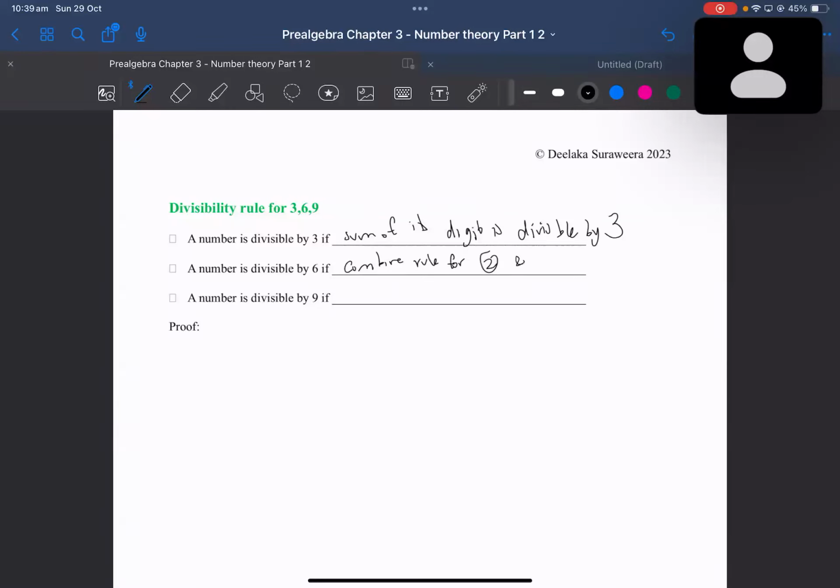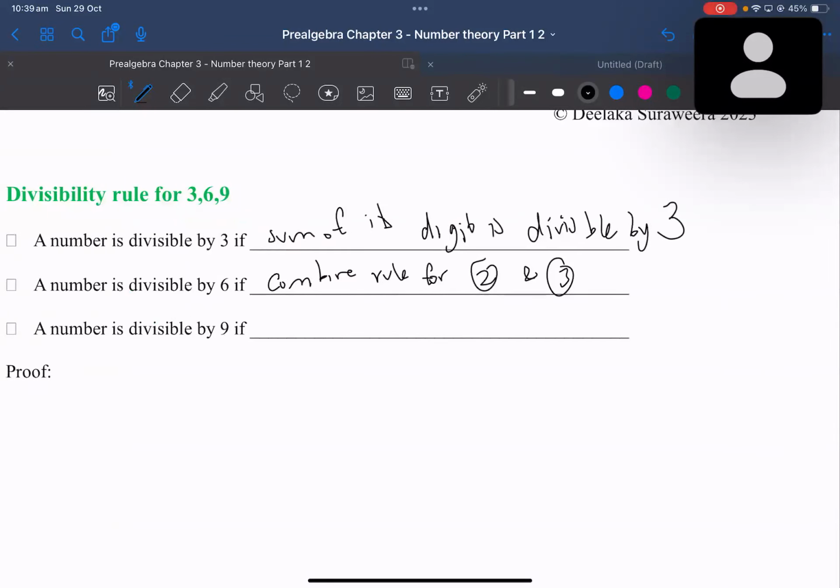Sorry, Oliver, I missed what you said. It's a bit unclear for some reason. So if a number's last two digits plus each other are divisible by 6, that means you can divide.